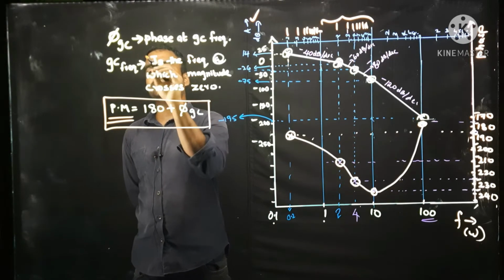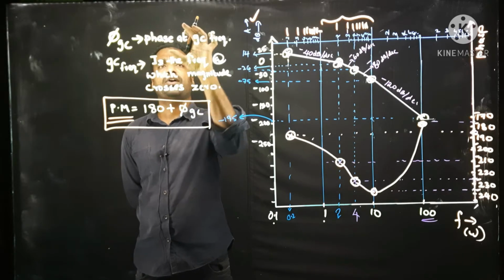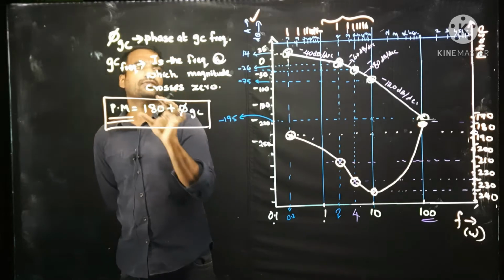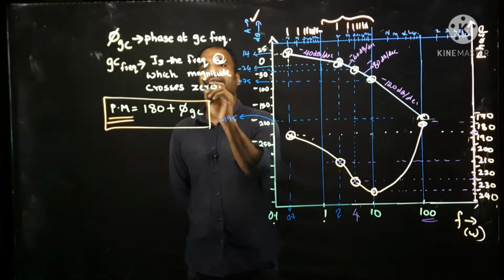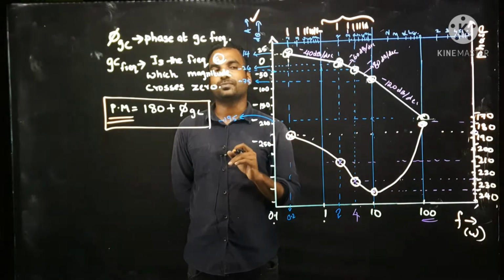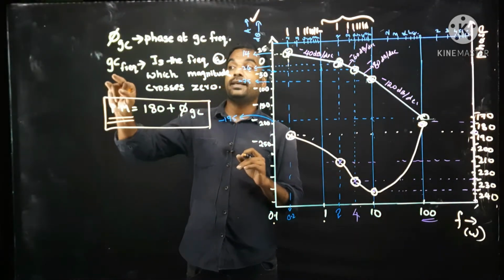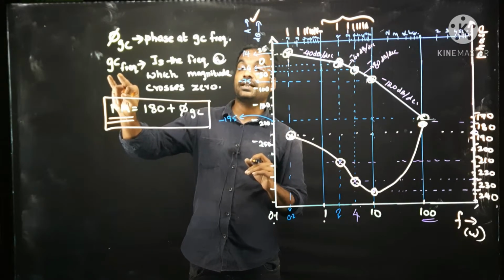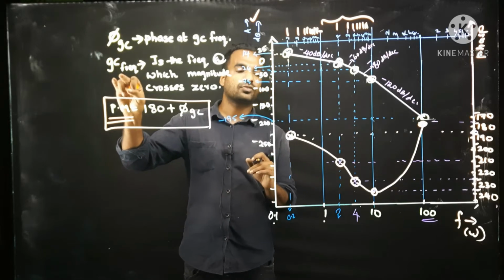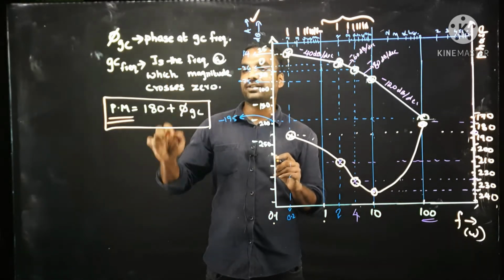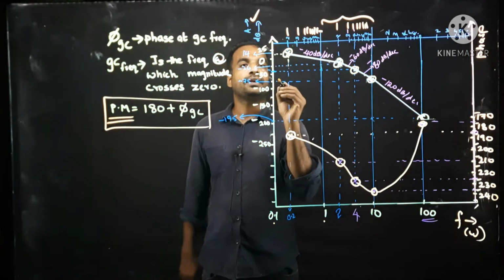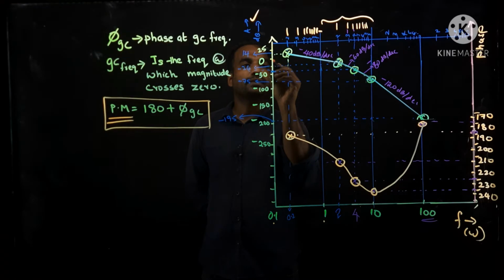Phi GC is the phase at gain crossover frequency, and gain crossover frequency is the frequency at which magnitude crosses 0. That is the important thing. Gain crossover frequency is related to the magnitude plot, not the phase plot. So we should check the 0 crossing point.